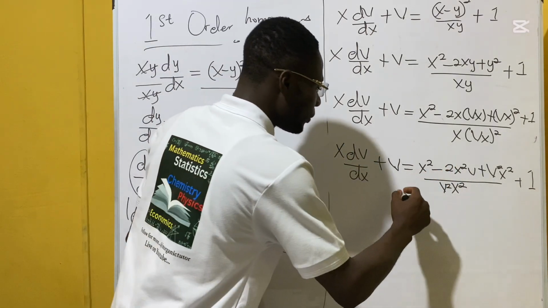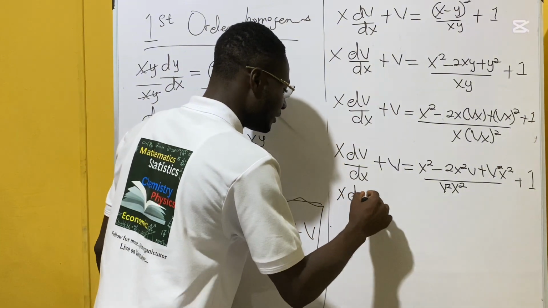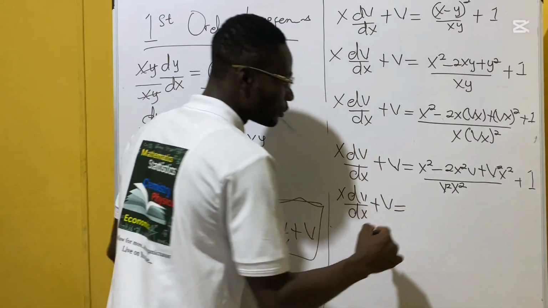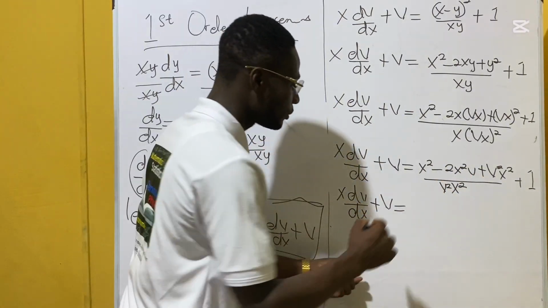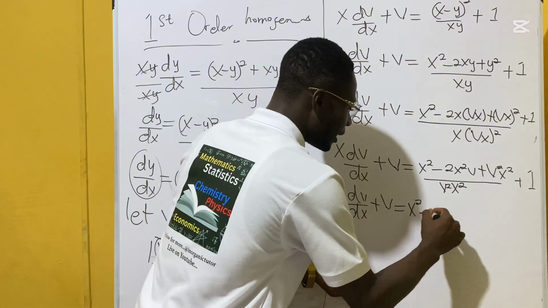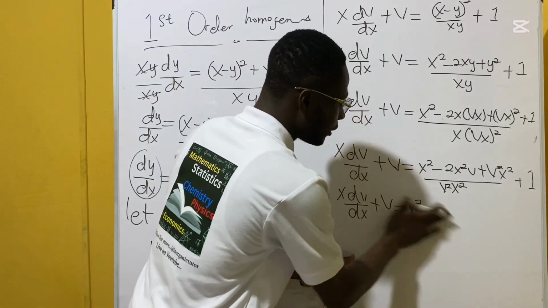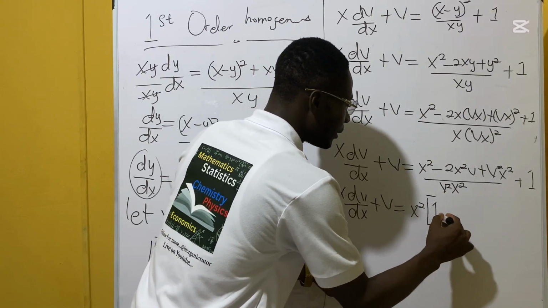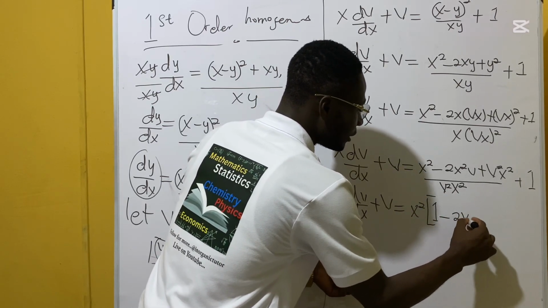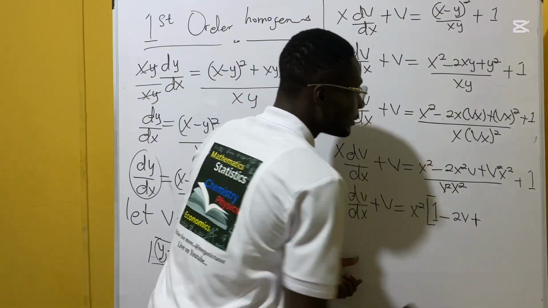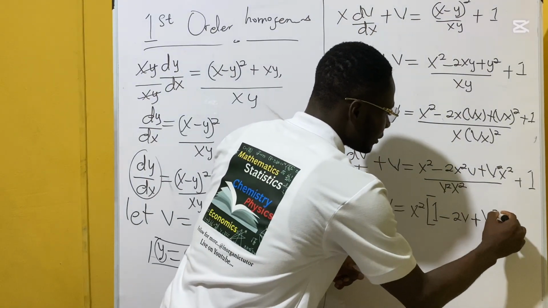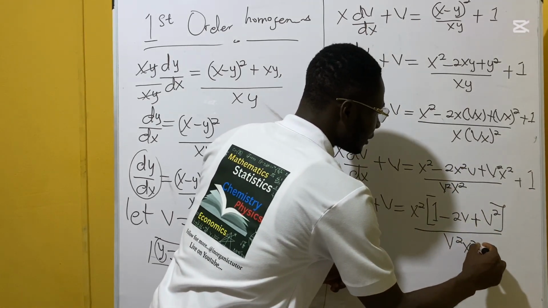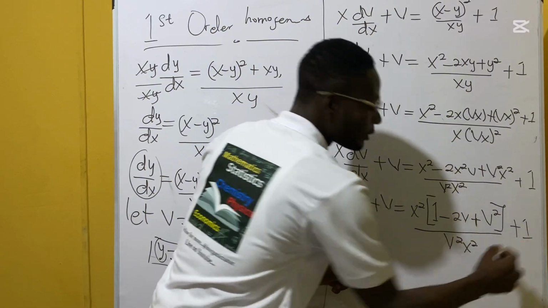So when we do that, we are going to have x dv over dx plus v should be equal to, when we factorize x squared out, x squared into 1 minus 2v plus v squared, all over v x squared plus 1.